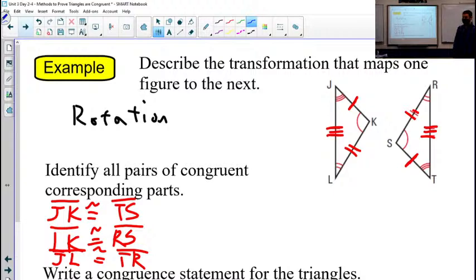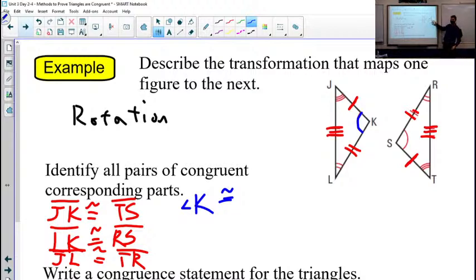So now we're going to do the same thing for the angles. We want 3 pairs of angles. I'm going to start again with 1 tick mark, which here is angle K. So what angle do we want to match K with on the other triangle?